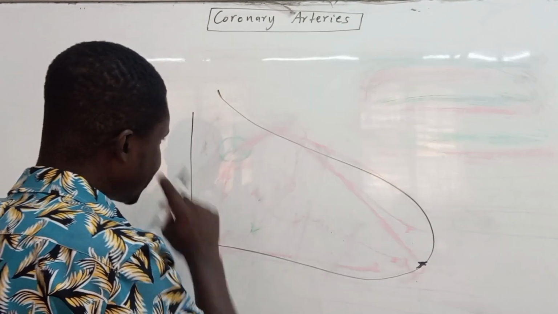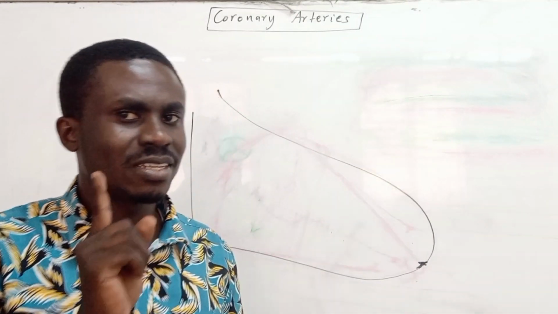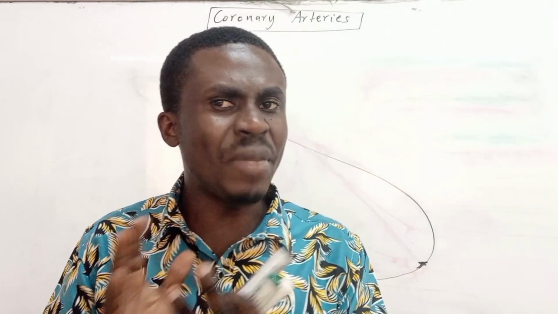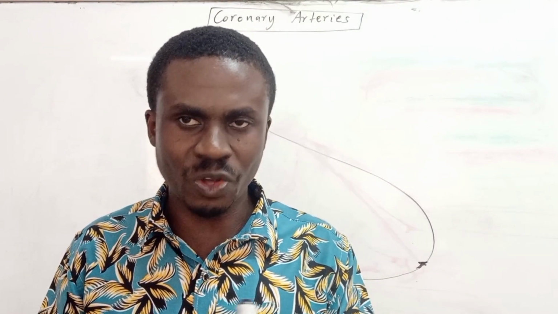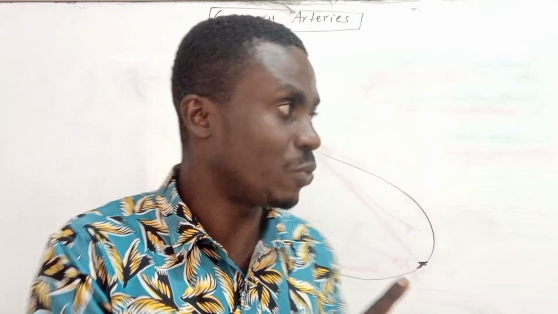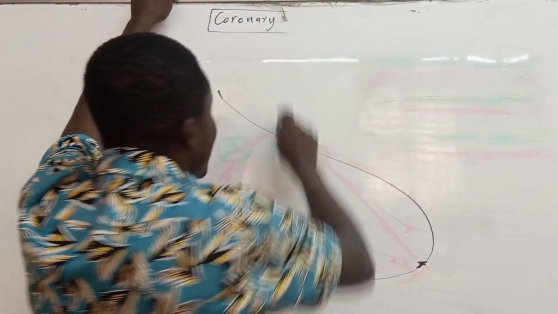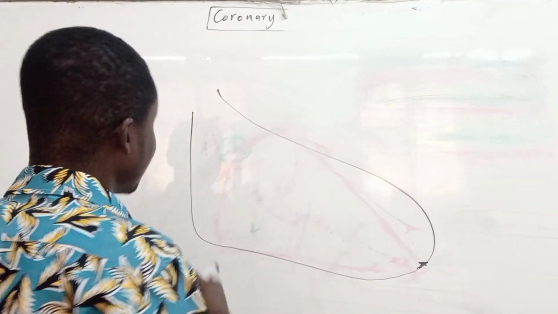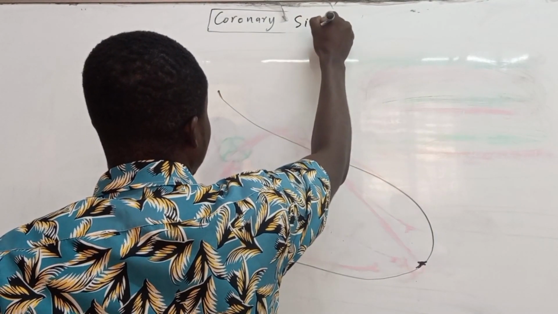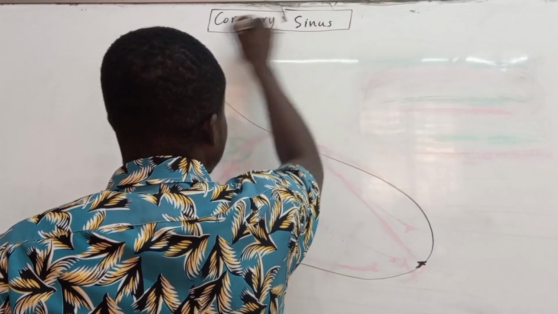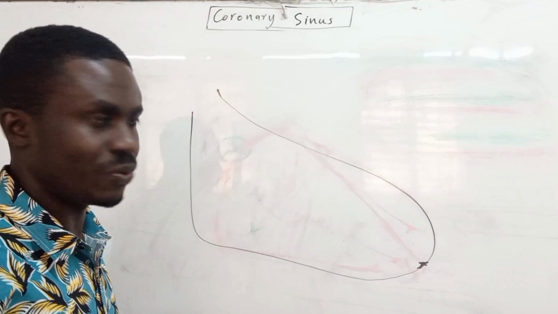Now, in the case of the venous drainage, the main venous drainage is something we call the coronary sinus. So let me change this one to coronary sinus. The venous drainage is mainly through this coronary sinus.